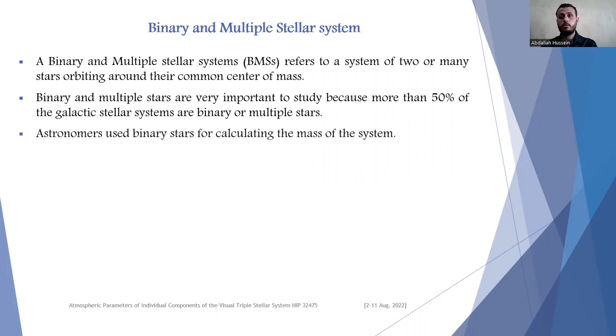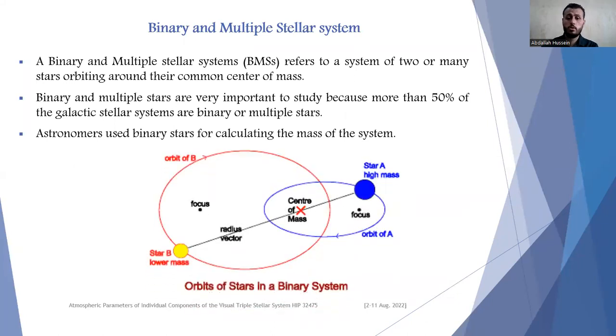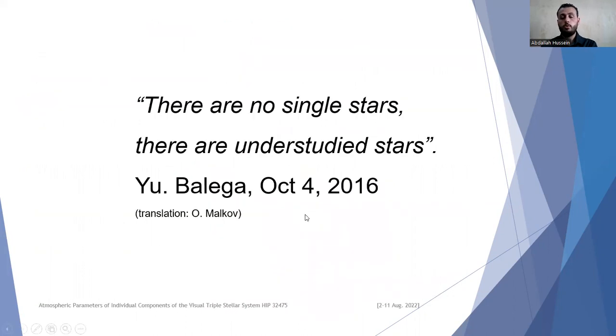Astronomers use them for calculating the masses of the systems using Kepler's third law or another way. This shows the structure of the orbits of binary stars and how they rotate about the center of mass. Will Venegas said that there are no single stars, there are understudied stars.